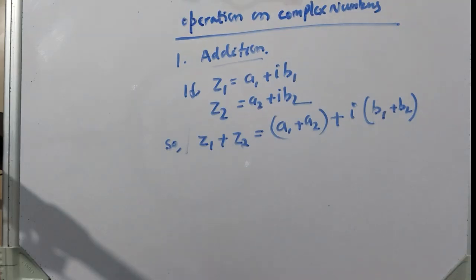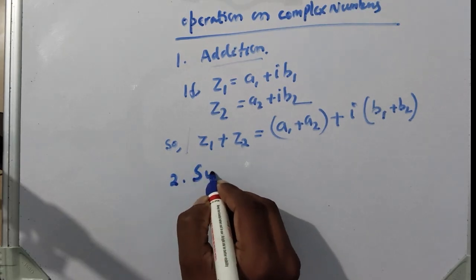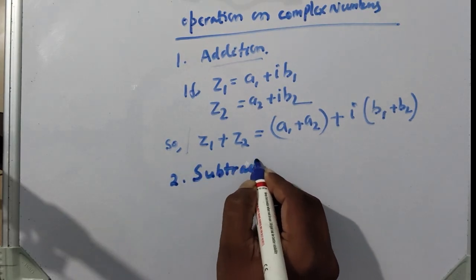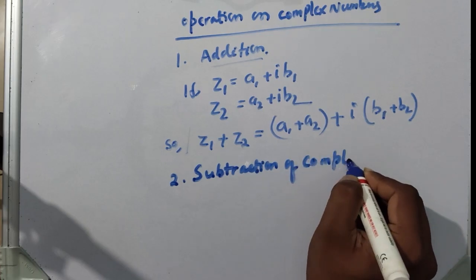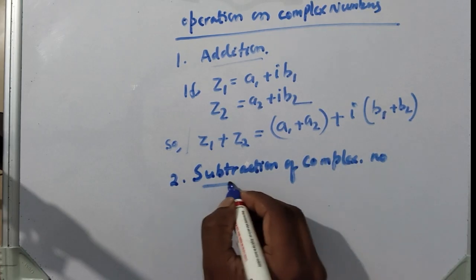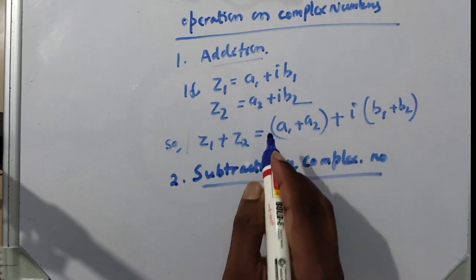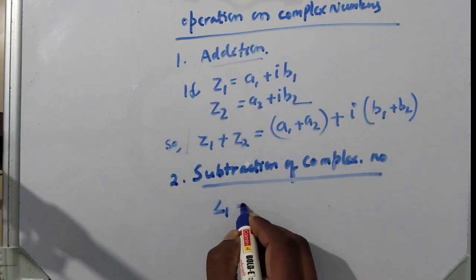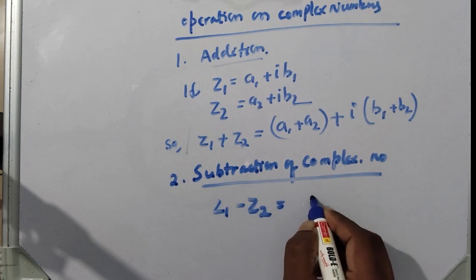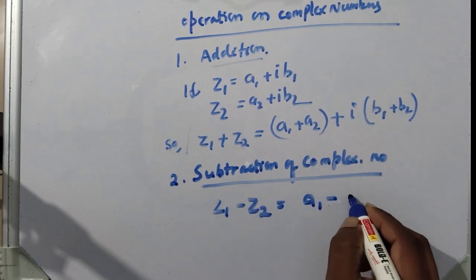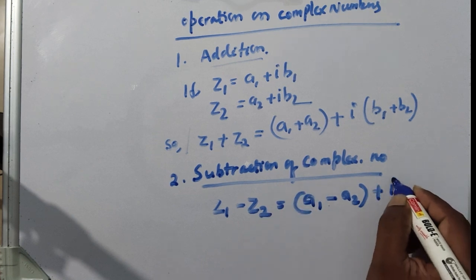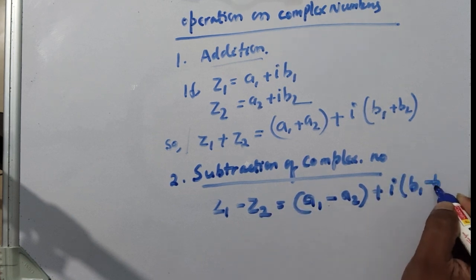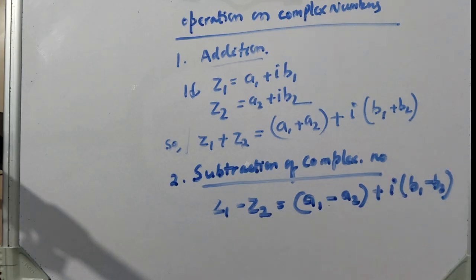Now tell me, can we do subtraction of complex numbers? If z1 and z2 are complex numbers, then z1 minus z2 will be a1 minus a2 plus i times b1 minus b2.